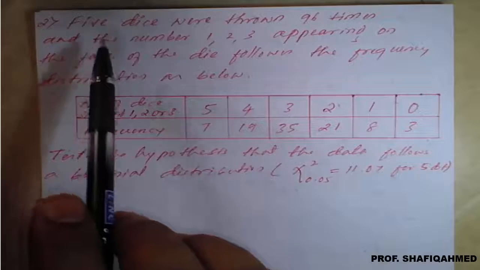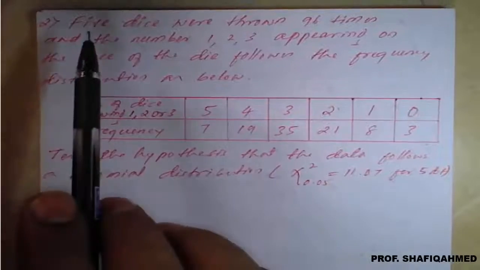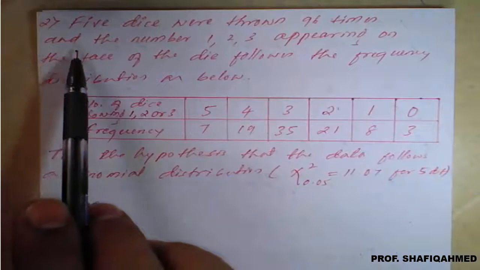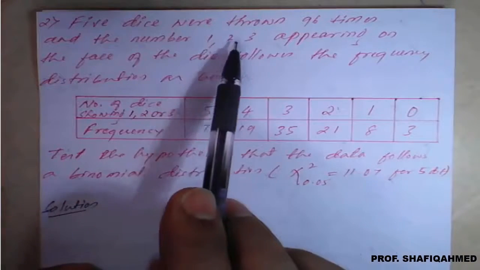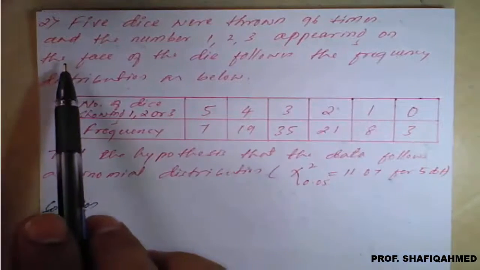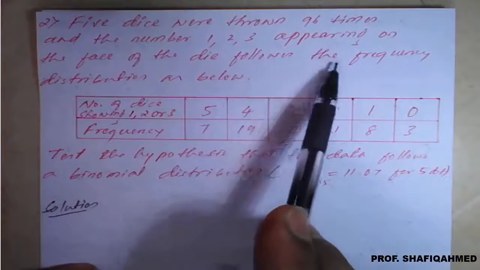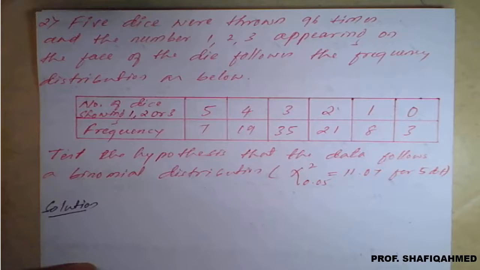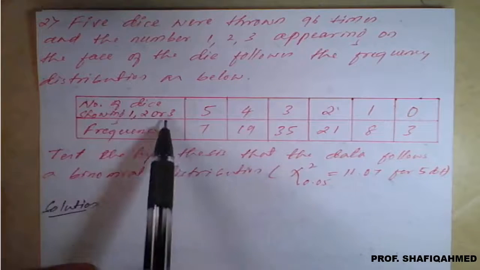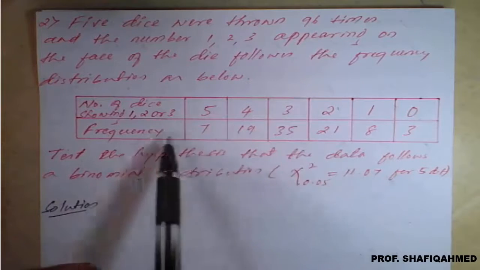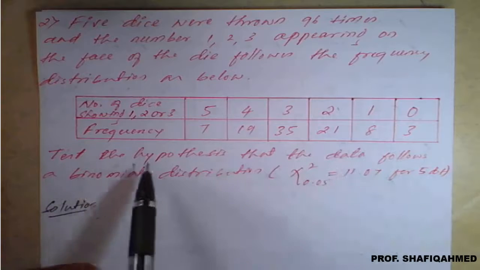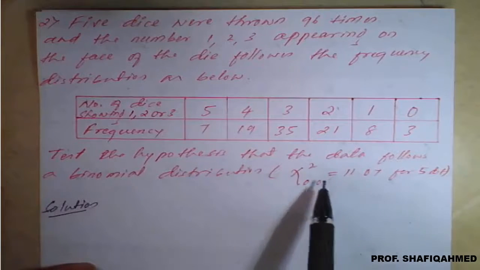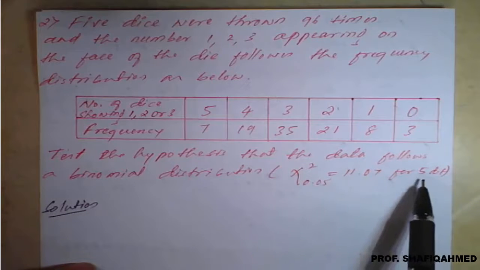Next example is: 5 dice were thrown 96 times and the number 1, 2, 3 appearing on the face of the die follows the frequency distribution as below. So these are the values they have given, and with respect to the frequencies, test the hypothesis that the data follows a binomial distribution, and they have given degree of freedom as 5.